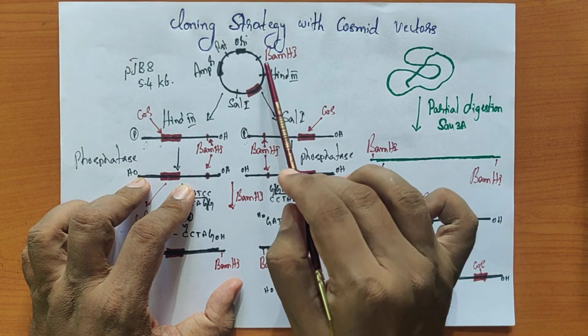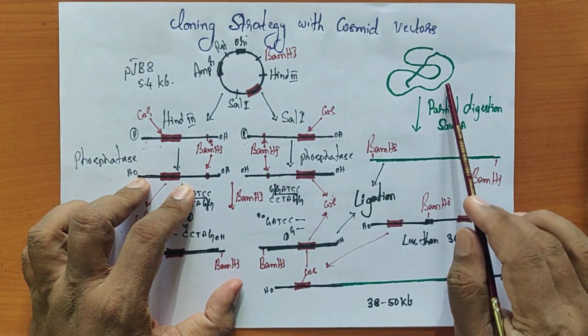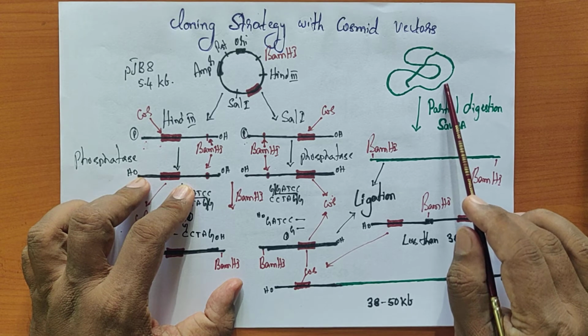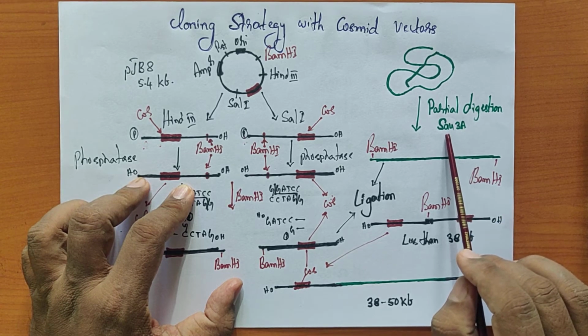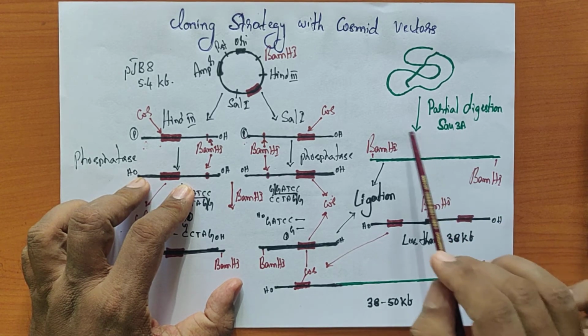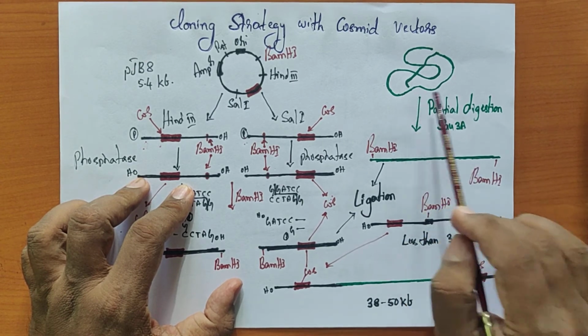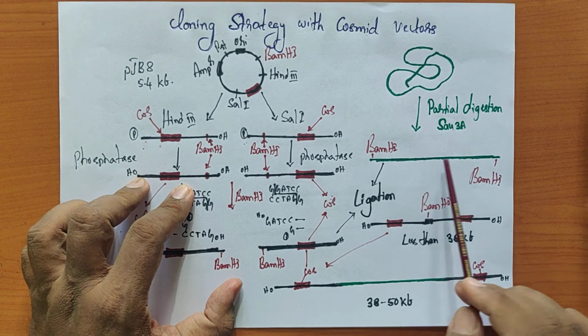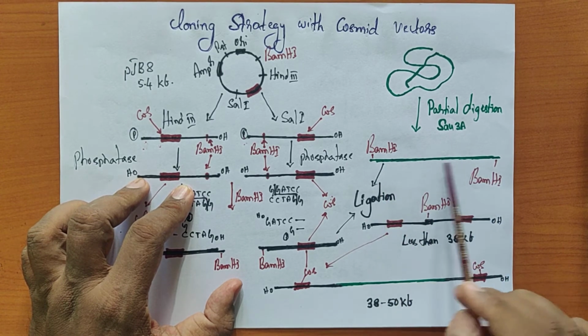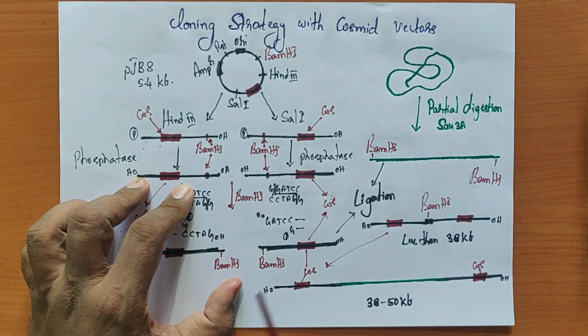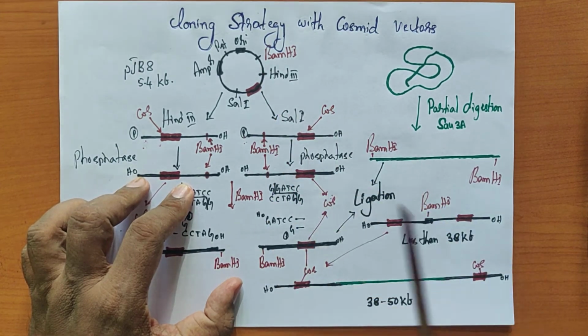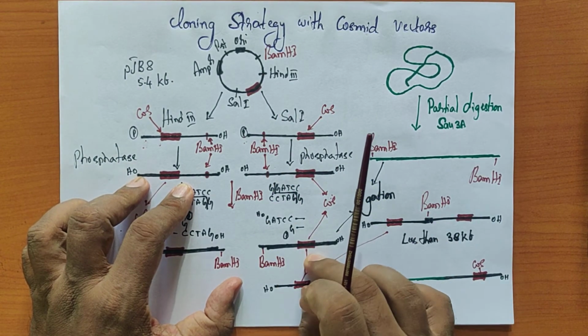So instead we use a rarer restriction enzyme, Sau3A, whose sequence is quite rare, but once they do generate fragments, they also produce a sticky end, and that sticky end is compatible with BamHI. So this particular strategy is very, very important.